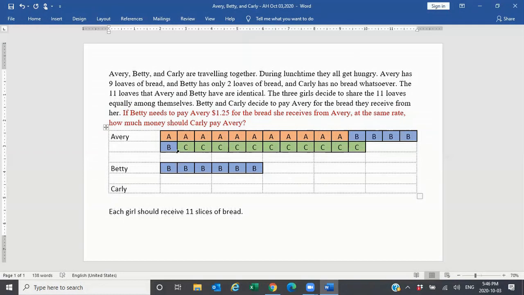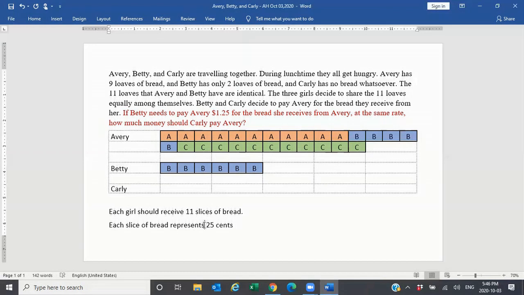All right, Carly had no bread. It stated that in the question. She is getting all of it from Avery, all of her 11 slices. But before we do that, I'm going to write here: each slice of bread represents $0.25.